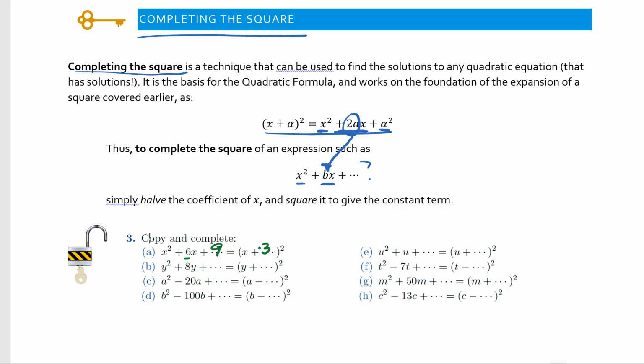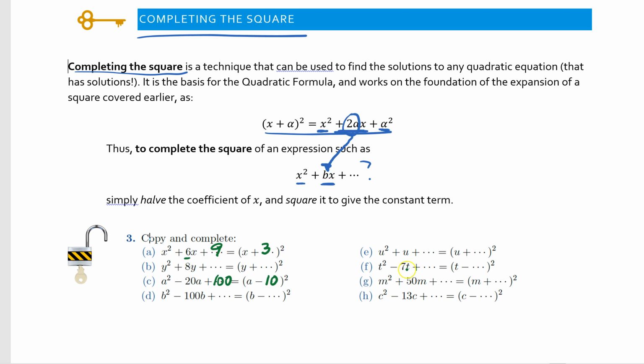Now you won't need to do many of these to get it under control, so I'll just do a smattering of them. So c, for example, half of negative 20 is negative 10. So my perfect square is x minus 10, and when I square 10, that will be 100 in here.